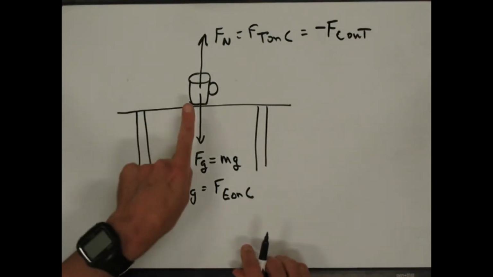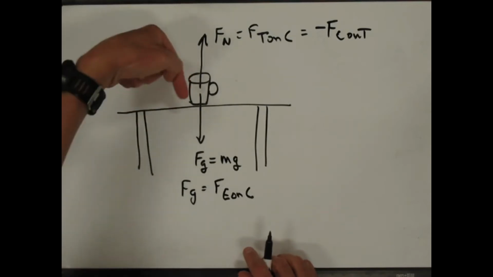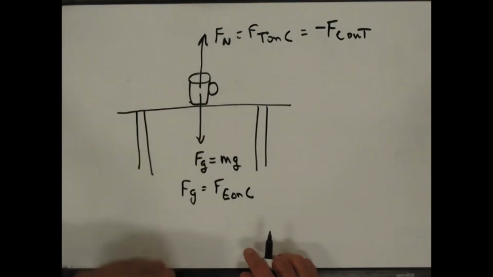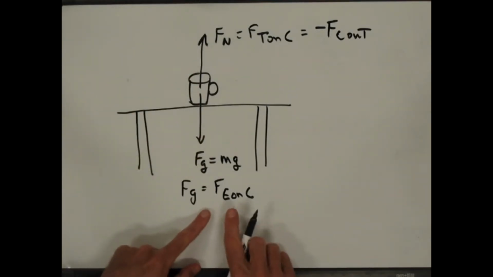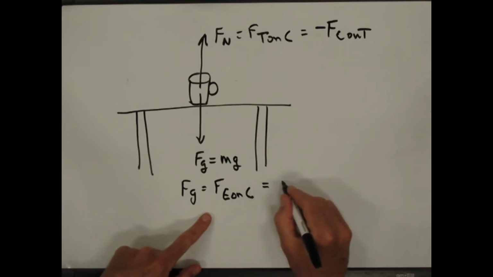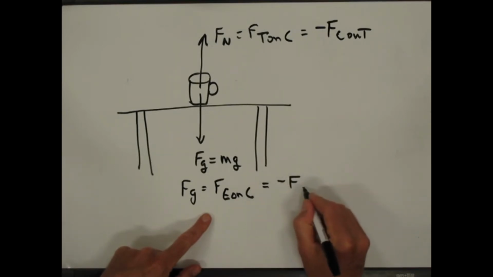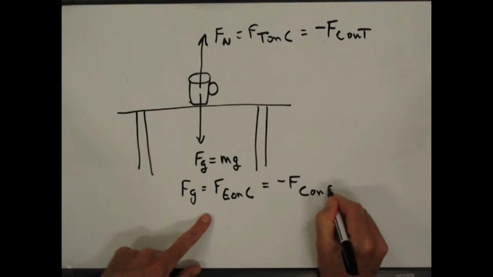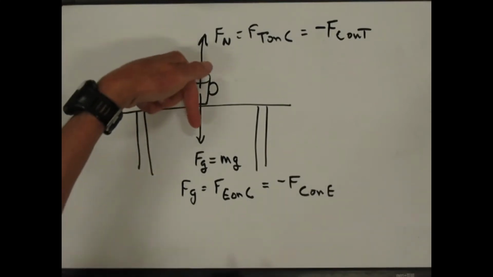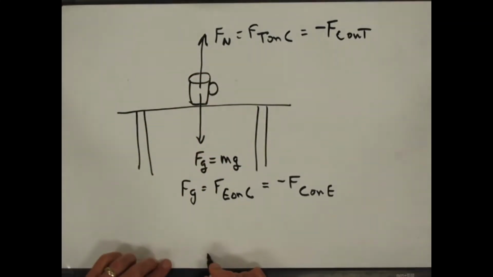And so if the table is pushing up on the cup, then the cup must be pushing down on the table. Similarly, this has to equal minus the force due to the cup on the earth. So if the earth is pulling down on the cup, the cup must be pulling up on the earth.